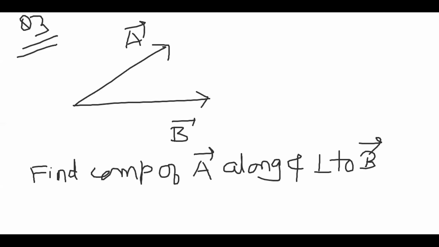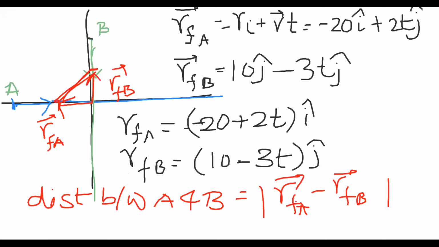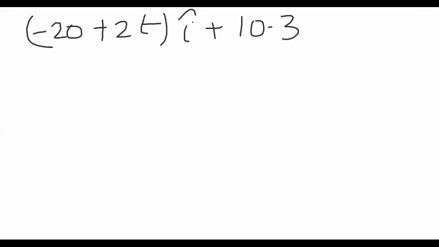हाँ मैं करके दिखा रहा हूँ. ये वाला हो गया क्वेश्चन, पहले ये वाला कर लेते हैं. तो बेसिकली यहाँ पे क्या करना है हमें? नहीं ये गलत है, because you are only telling me the magnitude, you are not telling me the direction. चलो so पहले we'll do this one. -20 plus 2t, 10 minus 3t. ये i cap में आएगा, ये j cap में आएगा.